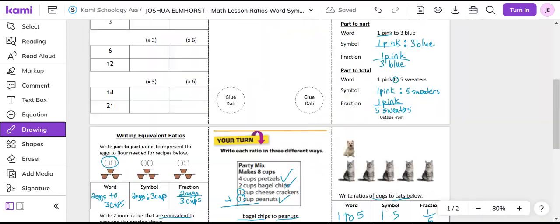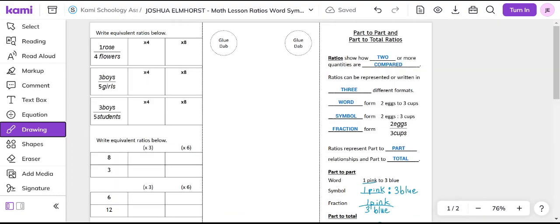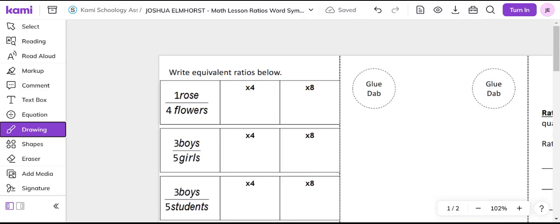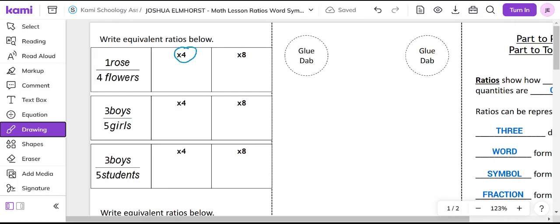All right, last part for this lesson, we're just applying the factors, using factors to create equivalent ratios. So times 4, that would be 4 over 16. And then times 8 would be 8 over 32. So we would have equivalent ratios going across the top.